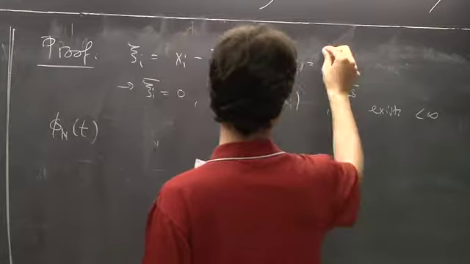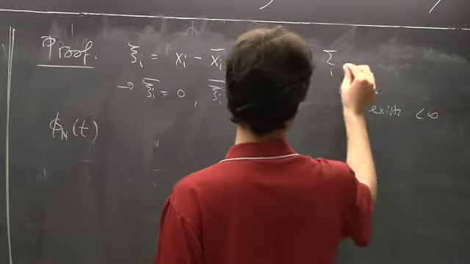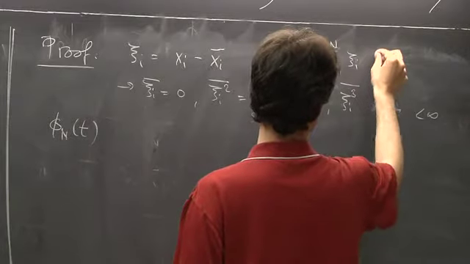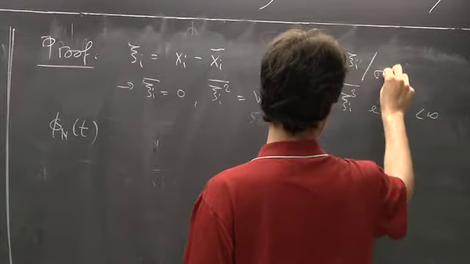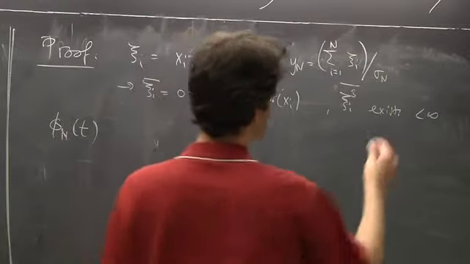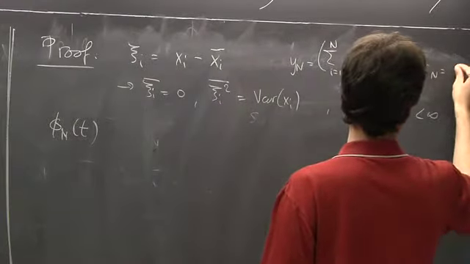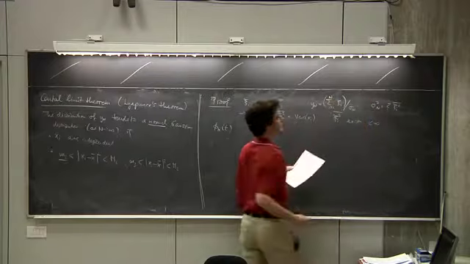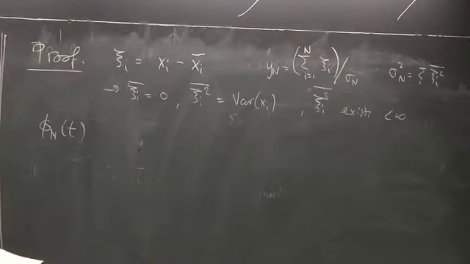The standardized sum in terms of psi i is the sum from 1 to n of psi i divided by what I call sigma n, and sigma n is the square root of the sum of psi i squared.